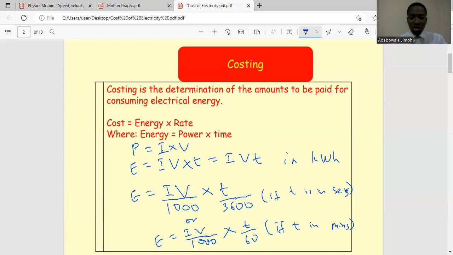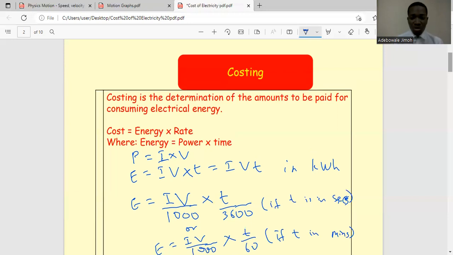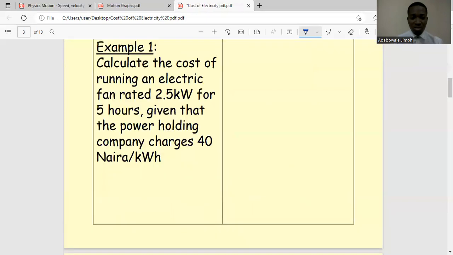If in the question you're given your time in hours, then you don't need to convert it. All of this conversion must be done just to convert your energy to kilowatt hours. So convert power to kilowatts, convert time to hours.